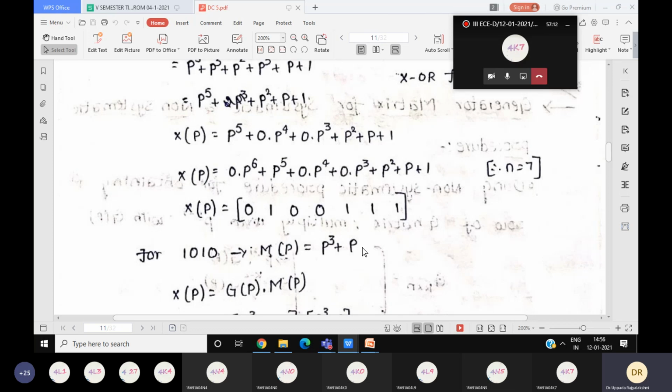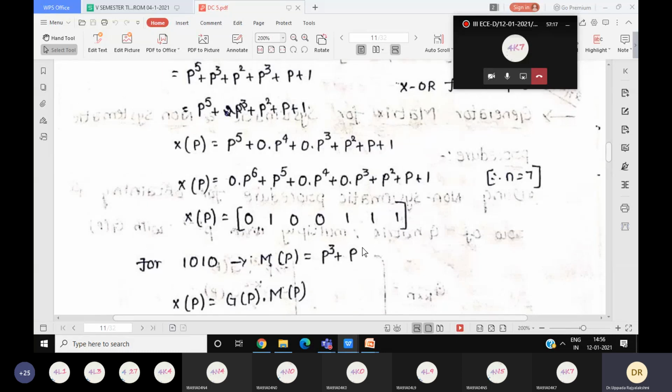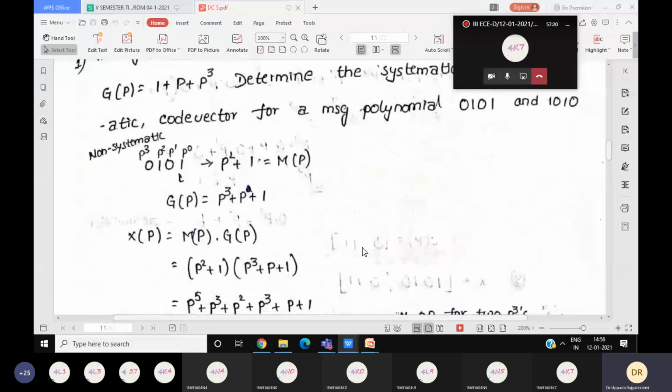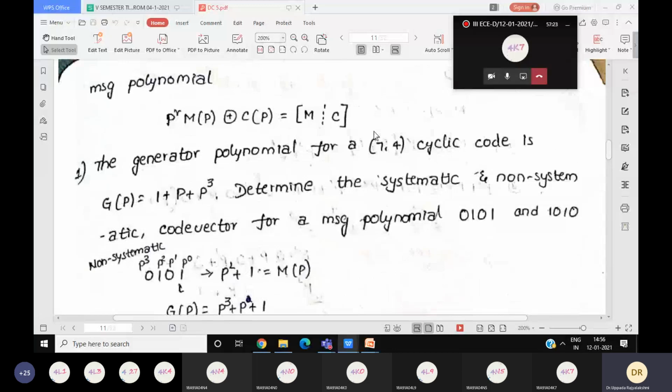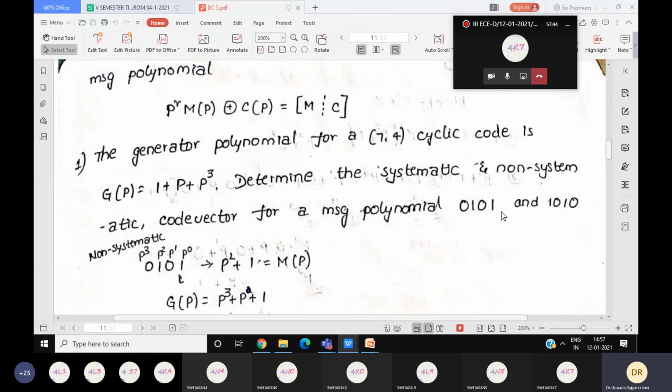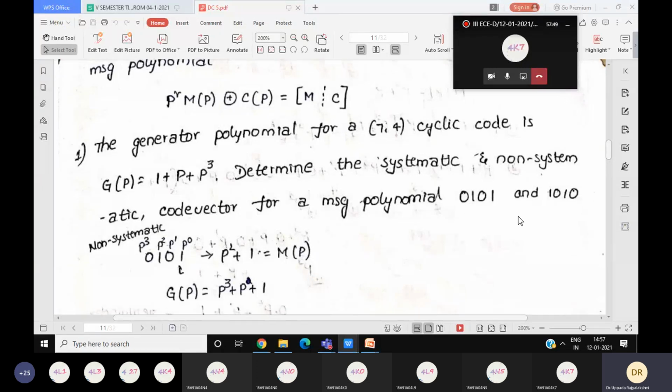If it is given for fewer marks, but if it is given for almost 16 marks, since there are 4 message bits, you would have to do 16 combinations from 0000 to 1111. But the same question will not be given for 16 marks, so you will be given 2 combinations of message polynomials, or you may be given a choice. They will provide you the corresponding combinations like this.